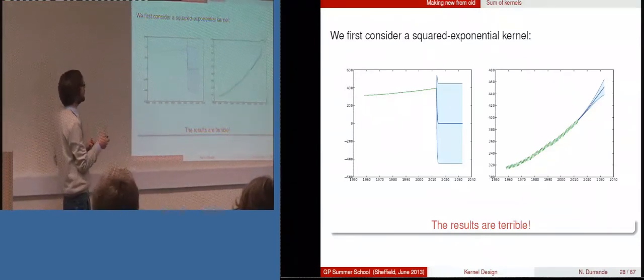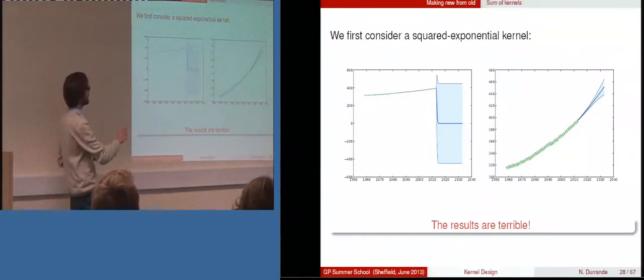So it will either converge towards the very, very small length scale we can see here, and then it says, okay, I have a large variance but a very small length scale, and it comes back to the mean very, very quickly.